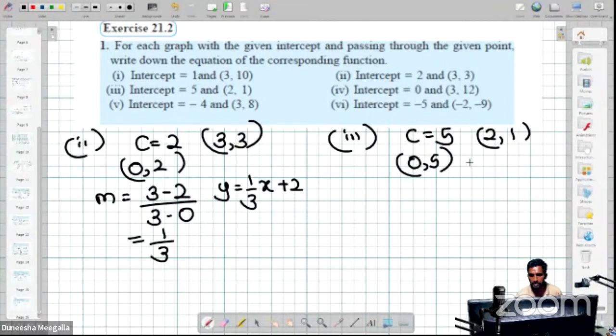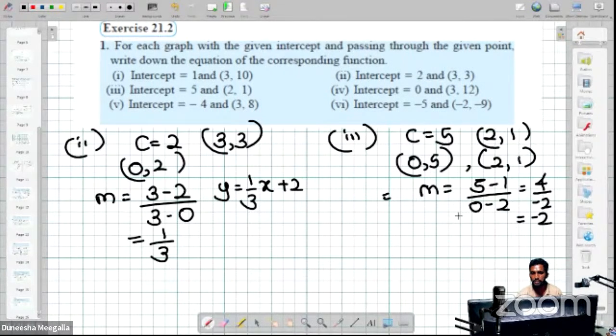We take these two. m is 5 minus 1 over 0 minus 2, which is 4 over minus 2, so m is minus 2. y equals minus 2x plus 5.